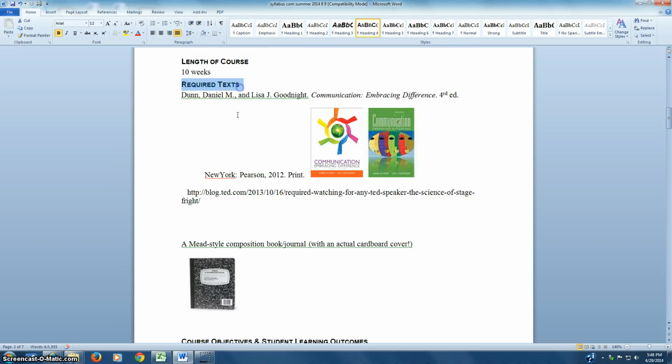We have only two required texts for the class. I put up pictures here that you can see on the screen. We have a third edition of this book, which is green. We also have a fourth edition as well. They're very similar, so it does not matter which edition of the book you get. The left-hand photo here is the fourth edition. We also sell a binder edition of this communication book at Robert Morris.